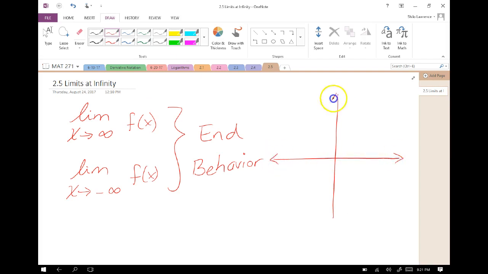So if we had the graph of f of x, and this is just an example of a polynomial, x goes to negative infinity in this direction, and x goes to positive infinity in this direction.